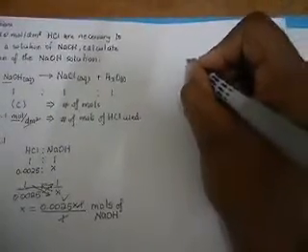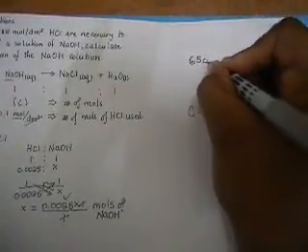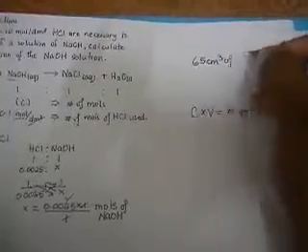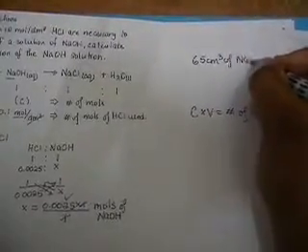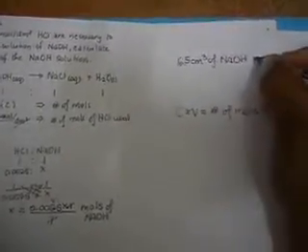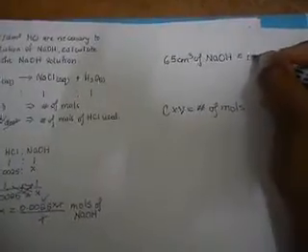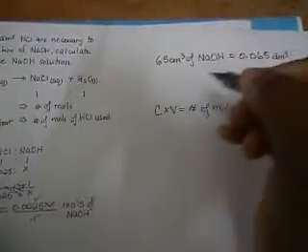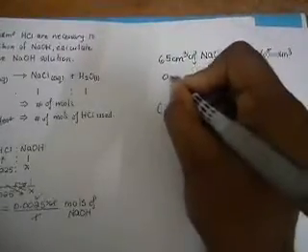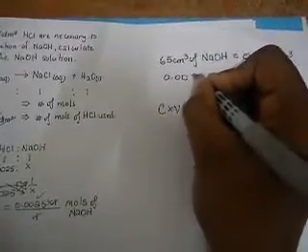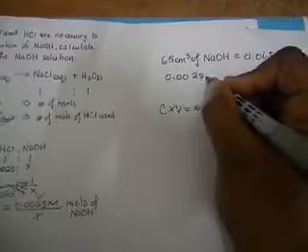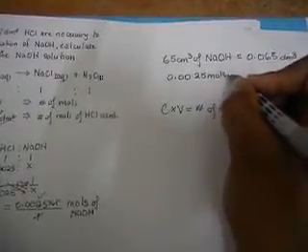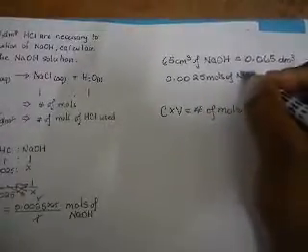We know from the question that 65 centimeters cubed of NaOH was used, and we're going to convert that to decimeters cubed, and we're going to get 0.065 decimeters cubed. And we also know the number of moles, which was 0.0025 moles of NaOH.